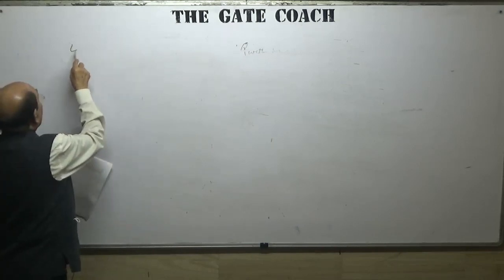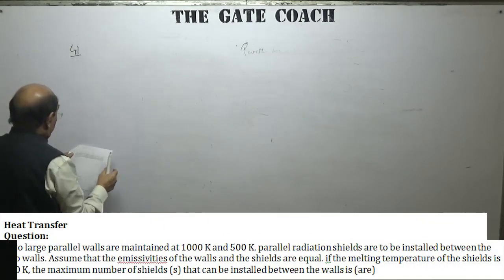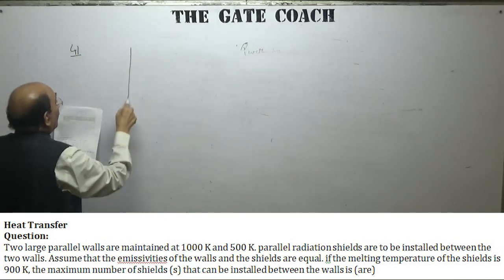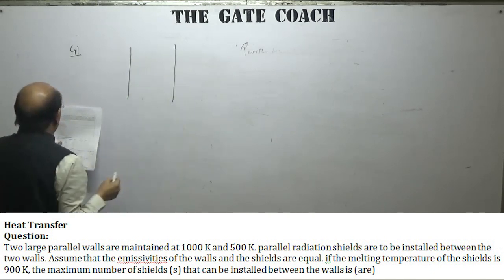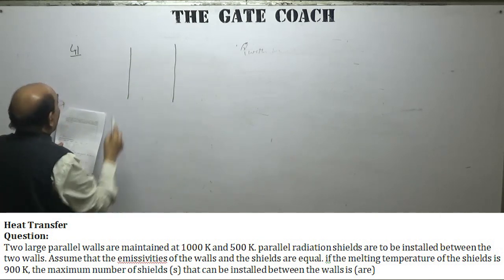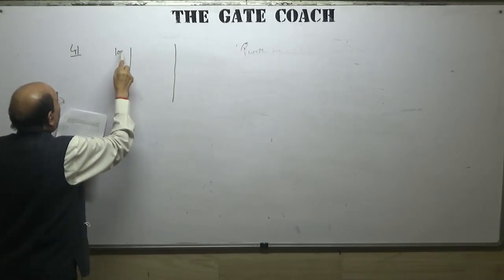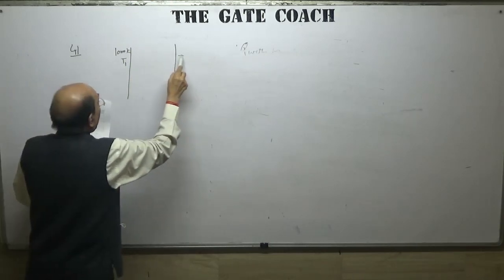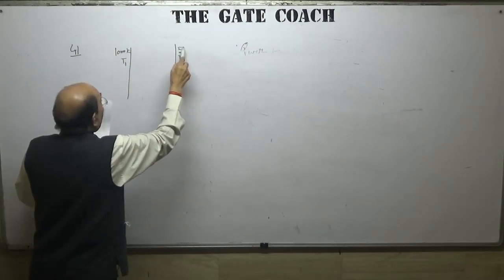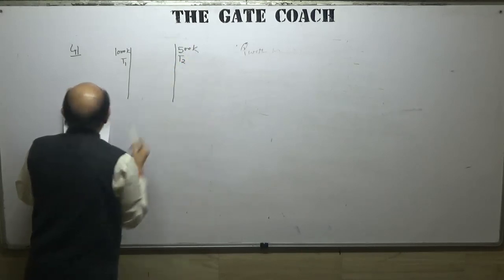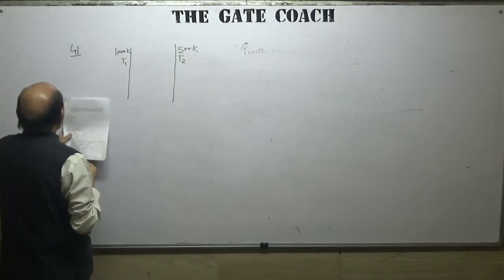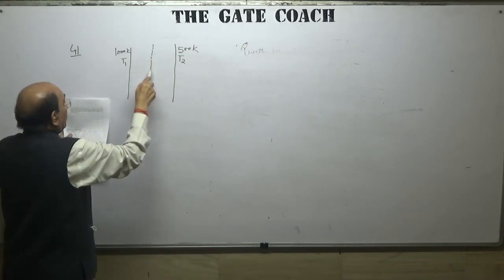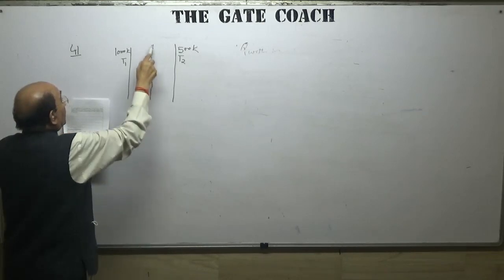Next question is question number 41. There are two parallel planes with temperature 1000 Kelvin and 500 Kelvin. A radiation shield is to be installed in between the two.